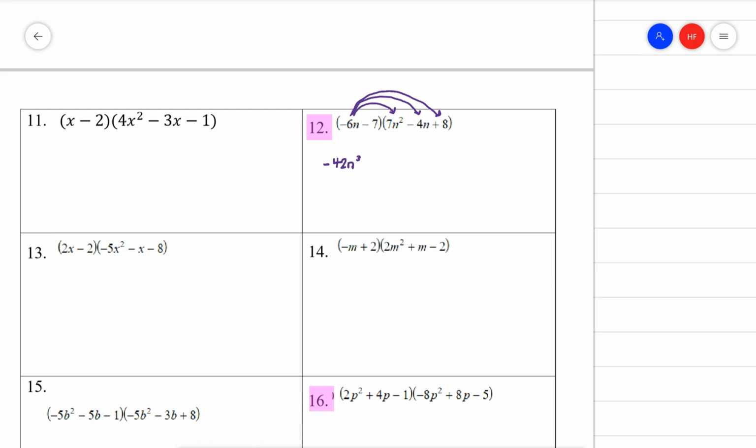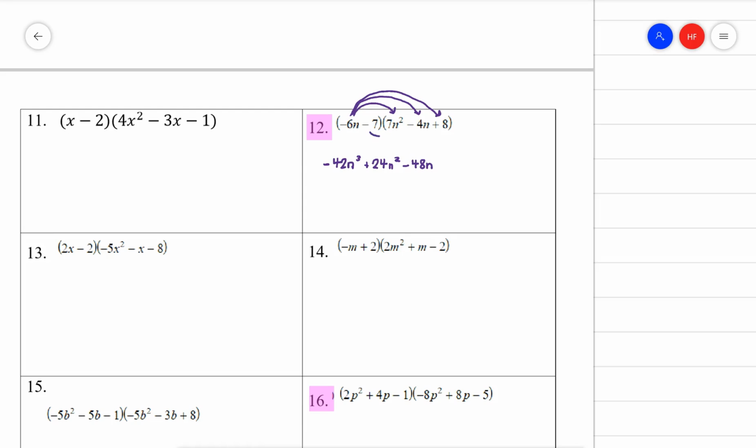And we have negative 6n times negative 4n. It's going to be a positive 24. And then n times n is n squared. Negative 6n times 8. So negative 6 times 8, we get a negative 48. And then we keep that n on there from the negative 6n.